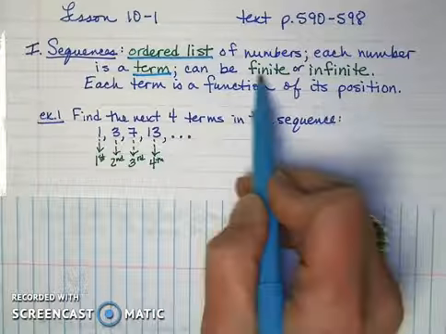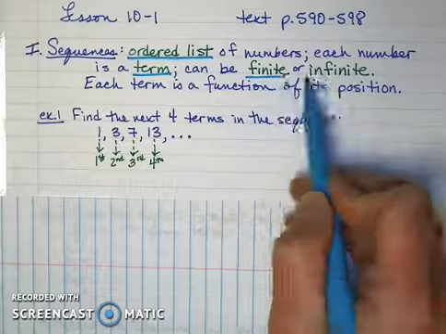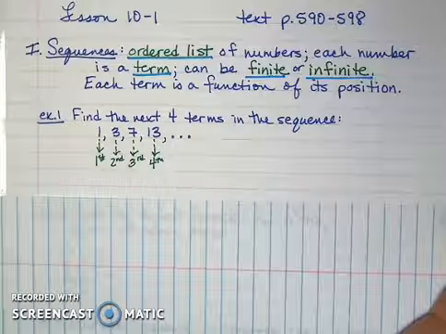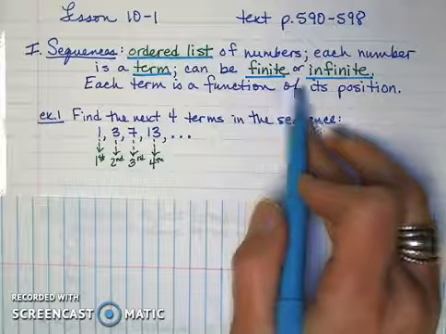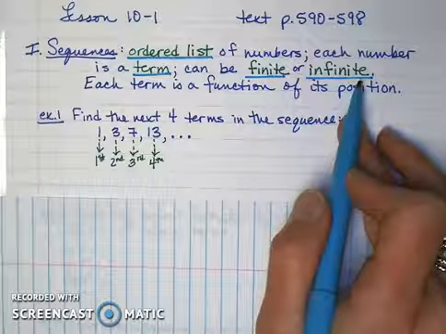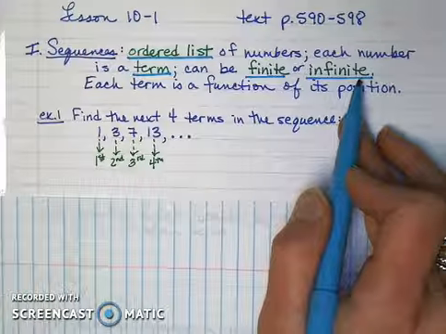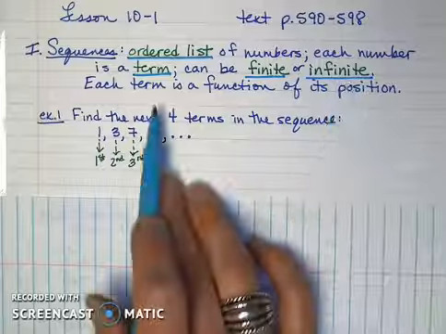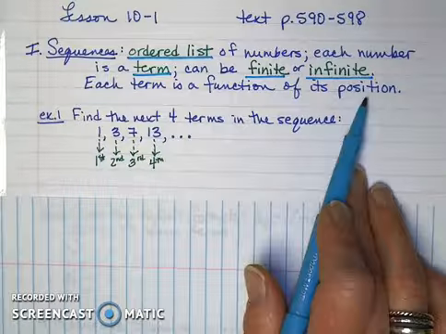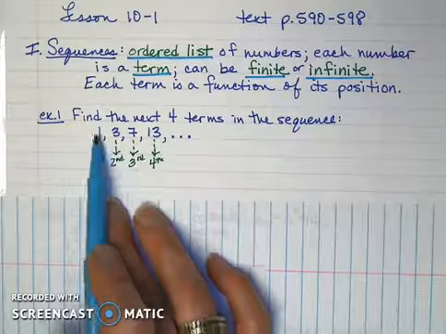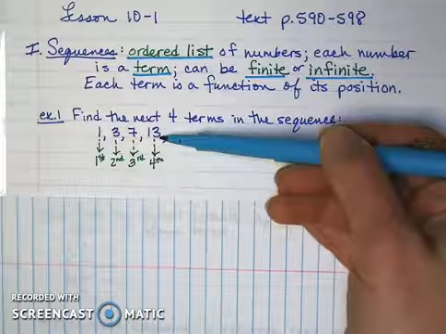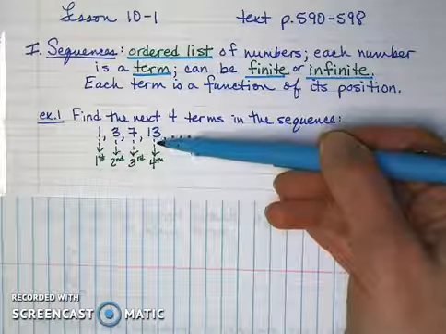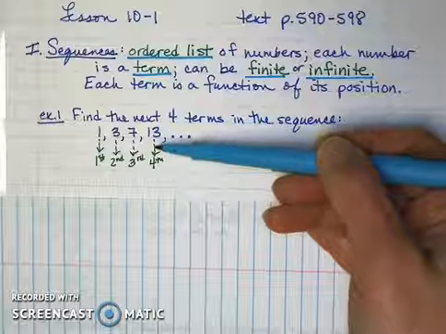You can have a finite list or you can have an infinite list, and you'll be able to tell, because I'll only give you so many numbers, or it just goes on and you don't know how many are in the list. But each term is a function of its position. So each term in a sequence is a function of the position, the number of the term that it is within the function.